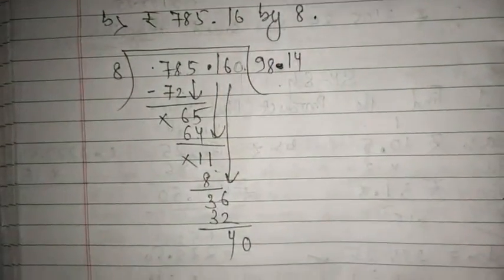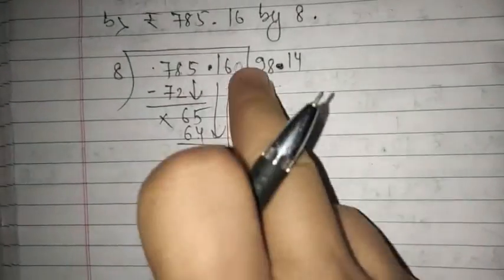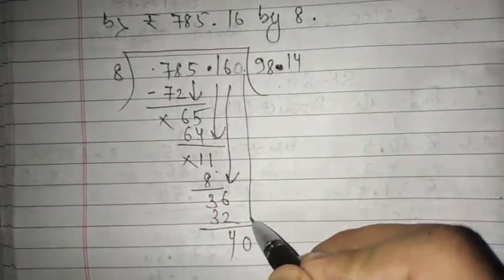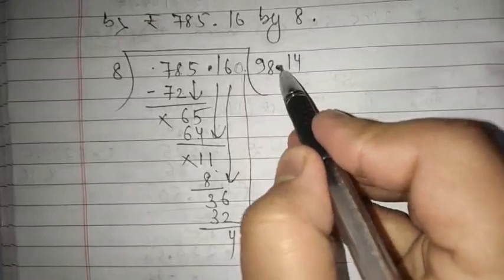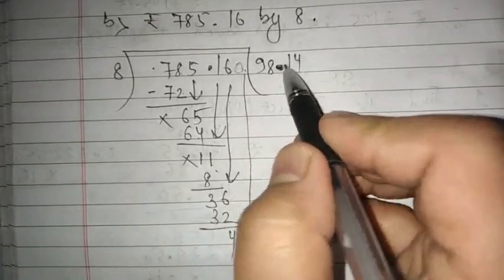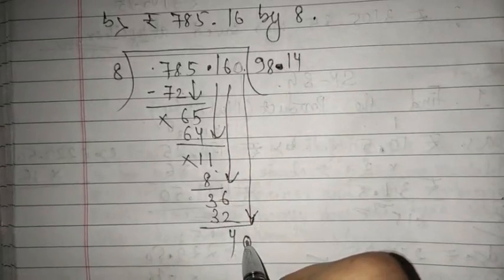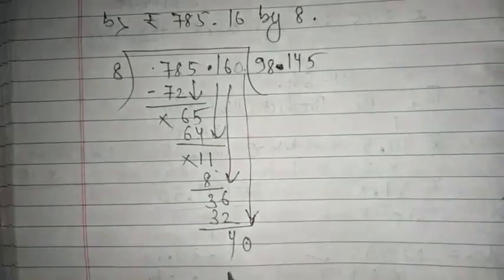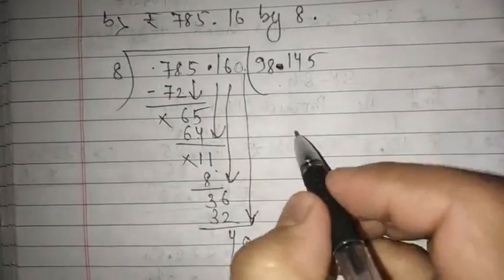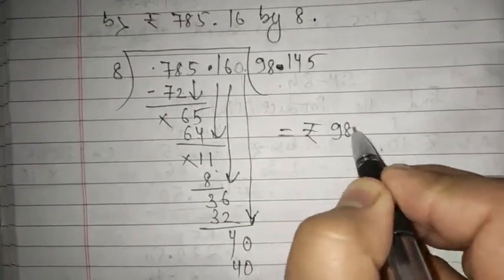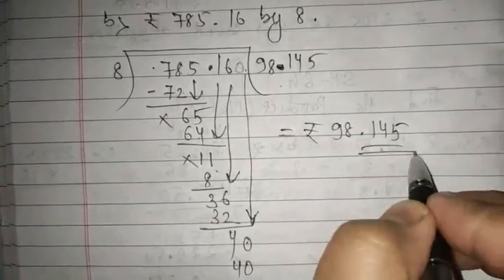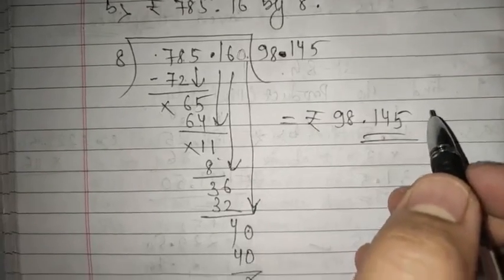So we can bring this imaginary 0 down here. Or you may think that you have already given the decimal in your answer part, so with the help of this decimal, this 0 has come up. So 8 5s are 40. So the answer is rupees 98.145. Okay children, so this is the concept.